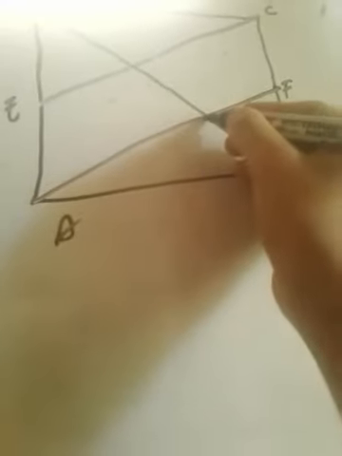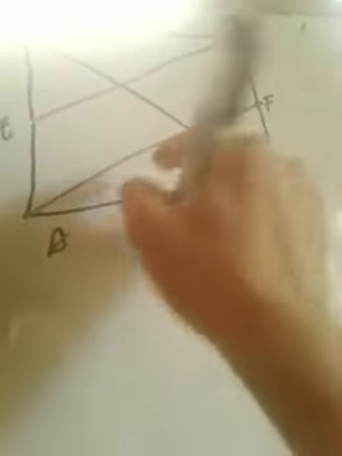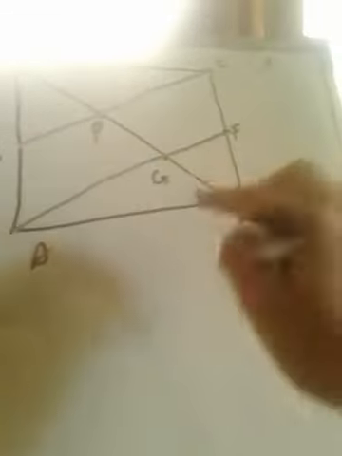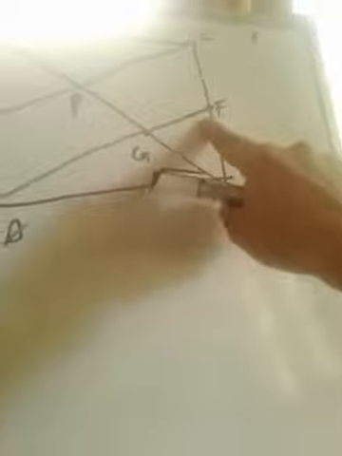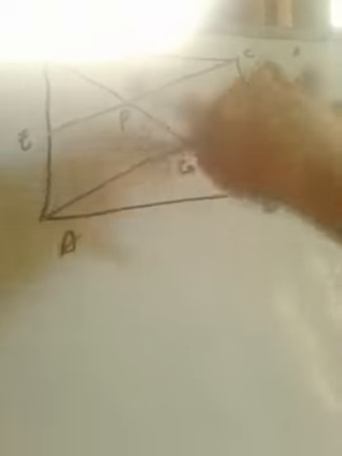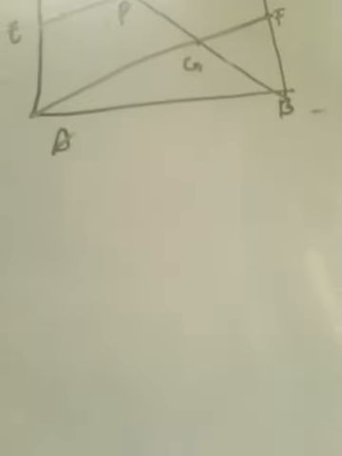So let us name it here G, and here P. We have to prove that this AF and CE trisect diagonal BD, that is, we have to prove that BG is equal to GP is equal to PD. That is the theorem which we have to prove.